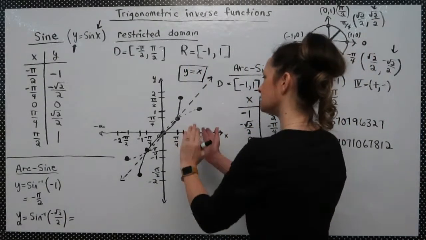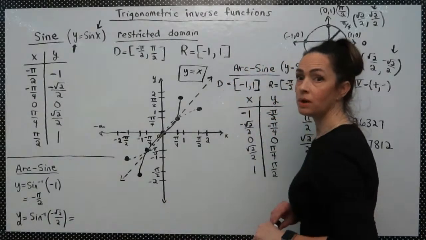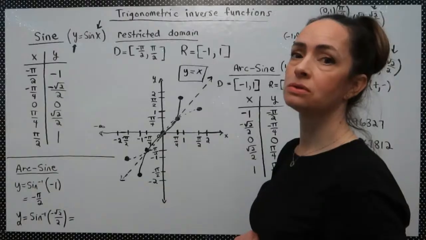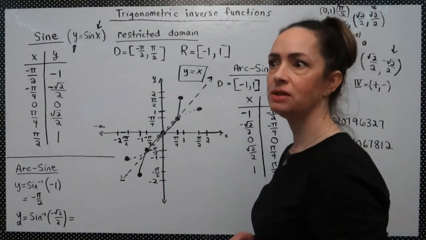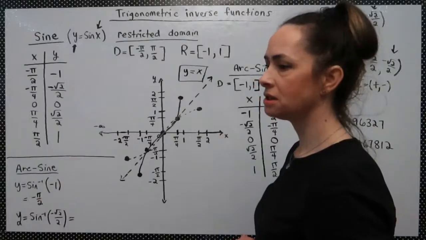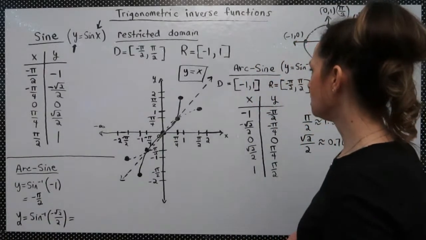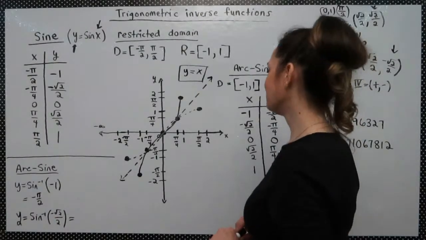And you can see the symmetry about that line. And that's one way that you can visually check to make sure that you have the inverse. If you have an online graphing feature of any kind, you can plug these functions in and it'll check. Or you can play around and practice sketching them by hand. Okay, very good.